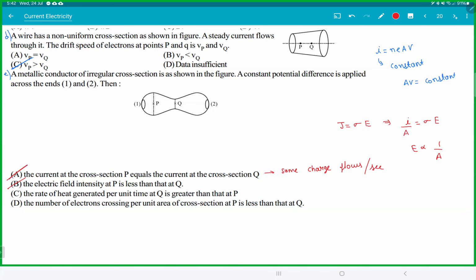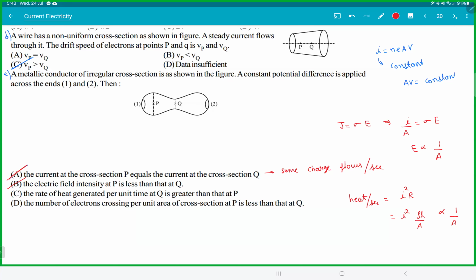The rate of heat generated per unit time at Q is greater than at P. Now heat per second is nothing but power, which is I square R. Current is same. R is nothing but rho L by area, meaning if you take a small length, this is proportional to 1 by A. So the thinner cross section will have more resistance for the same given length.